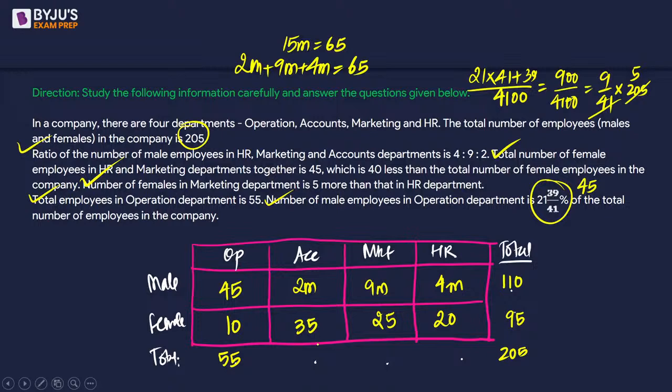Let's see if we have made any mistake in 21 into 41 plus 39. Now 21 into 41 is going to be 820 plus 41, 861, plus 39, 900. 900 by 4100. 9 into 5 is 45. Okay.